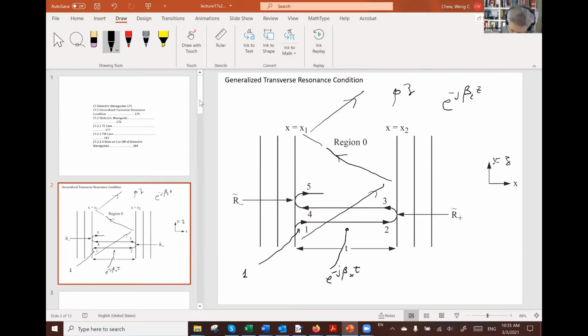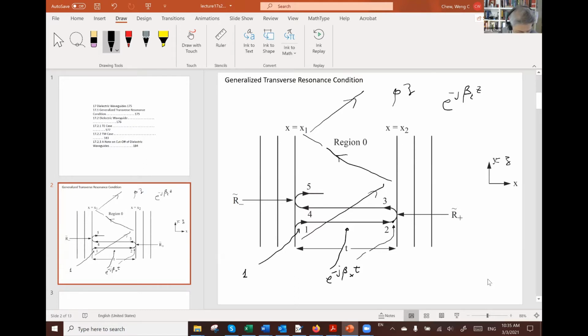Okay, so by the time the wave reaches here, it would have gotten a phase gain. So this is the phase at this region over here. But by the time it reaches there, it is going to suffer a reflection.